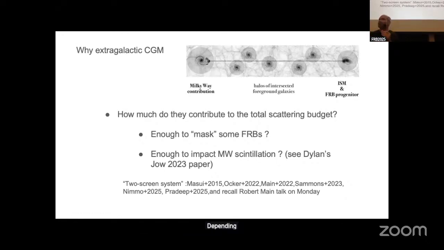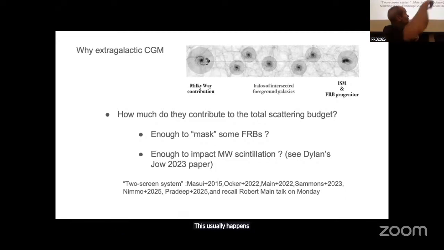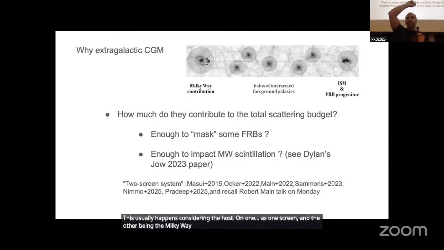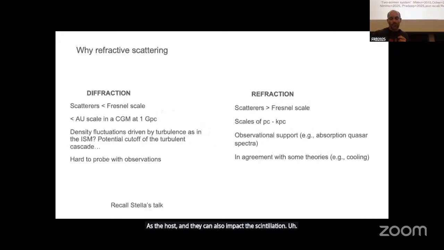Depending on the distance between two halos or screens, if they resolve each other, depending on the properties of one and the other, the scintillation of the Milky Way can be suppressed by the other and so on. This usually happens considering the host as one screen and the other being the Milky Way. But what I'm trying to say here is that these intervening halos can act as the host and they can also impact the scintillation from the Milky Way.